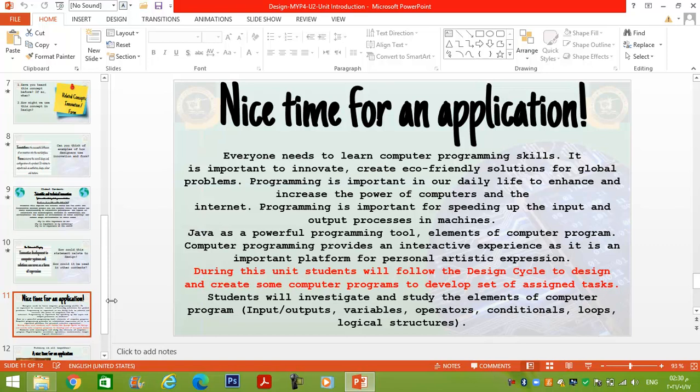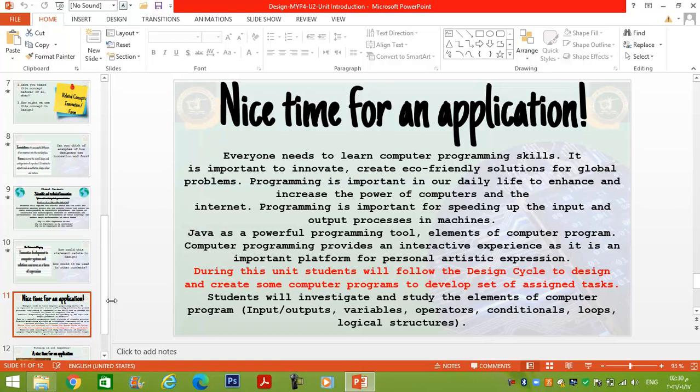Everybody needs to learn computer programming skills. It's very important to innovate and to create, to improve the solutions for global problems. Programming is also very important in our daily life to enhance the power of computers and the internet. Programming is very important for speeding up the input and output processes in machines.